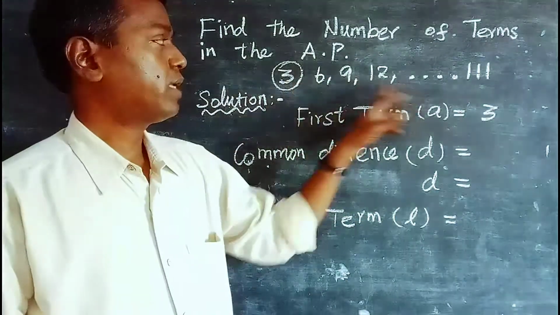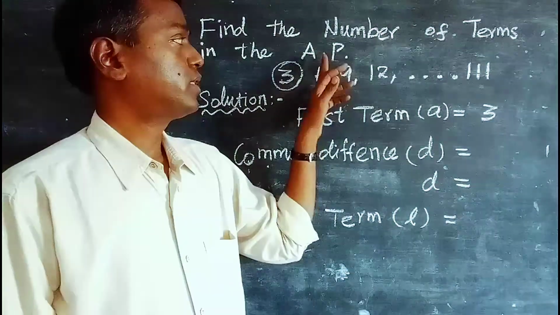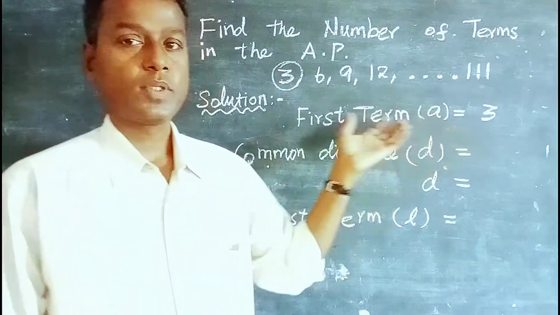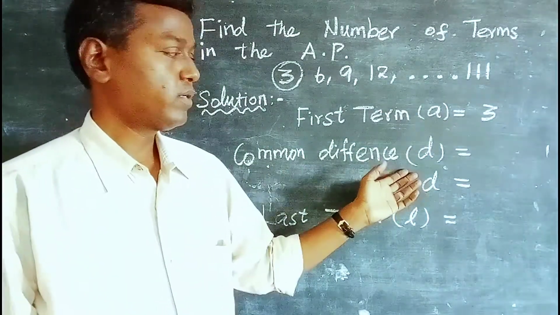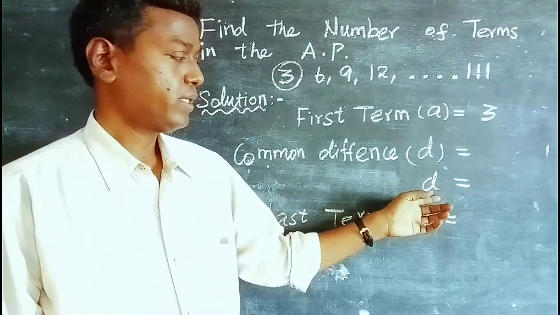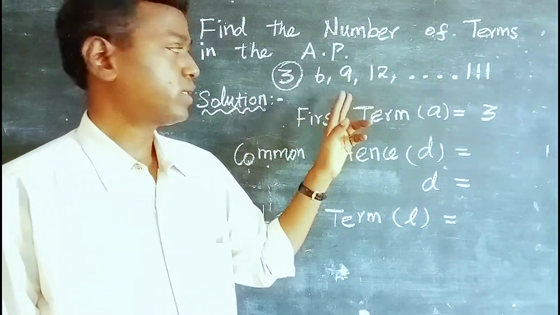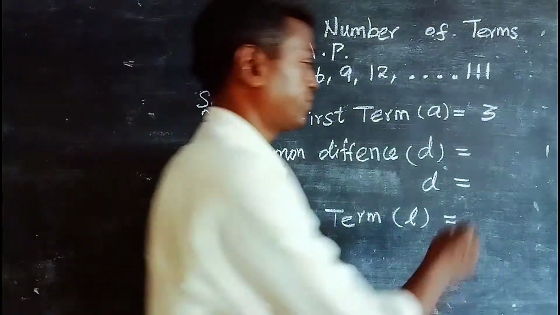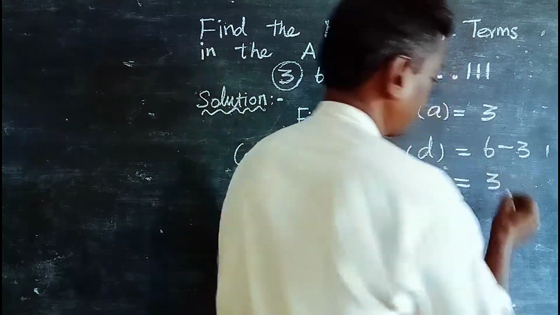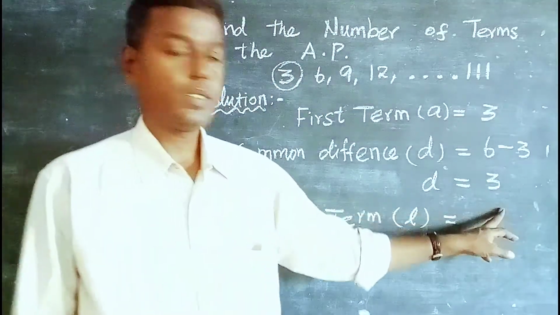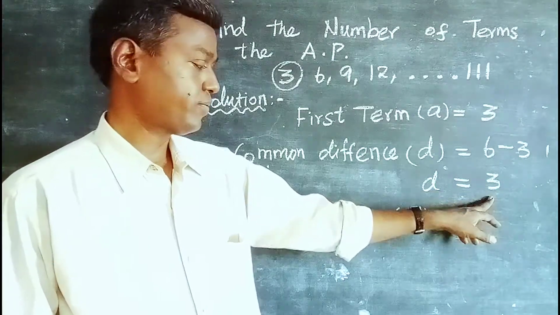The differences between the elements are the same because the given series is an arithmetic progression. You can simply calculate it from any two elements: 6 minus 3 equals 3. So D equals 3.